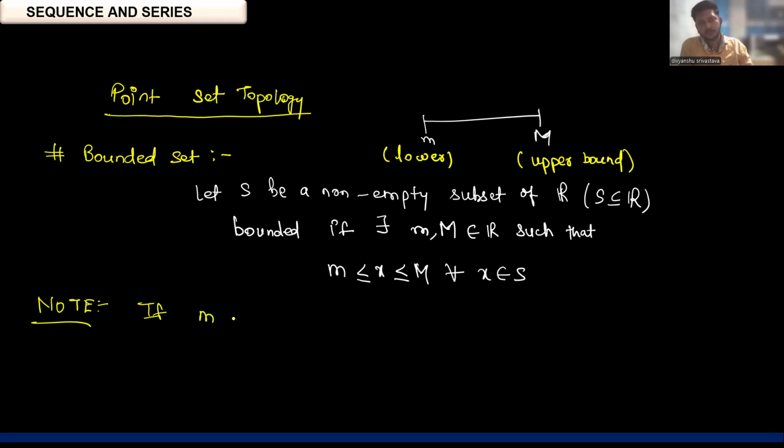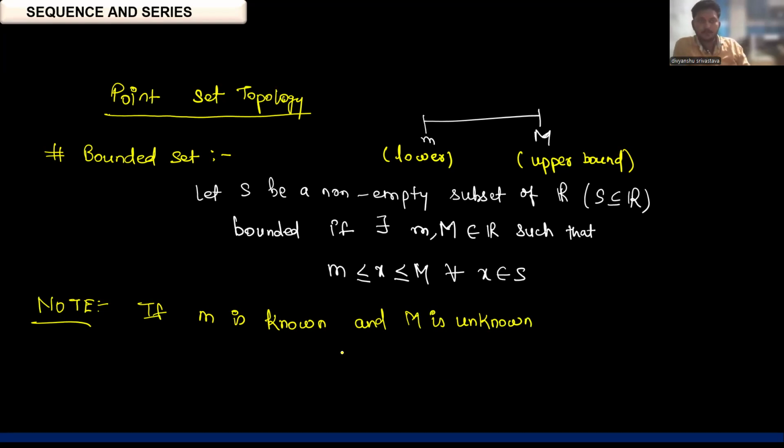If the lower bound m is known and the upper bound is unknown, then what observation do you have?